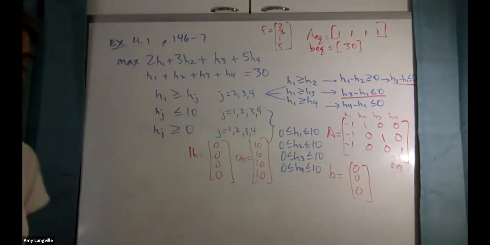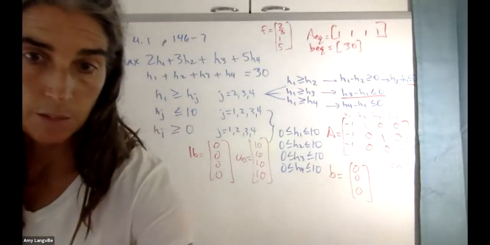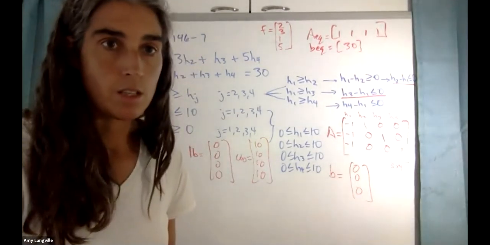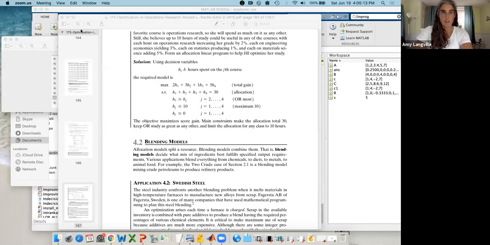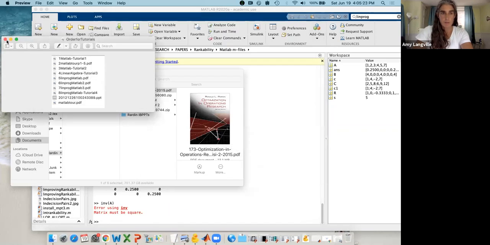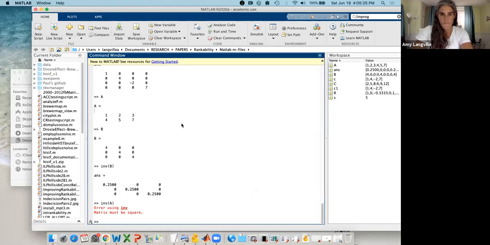Okay, so now let's go back to MATLAB and enter that. We want to get this model. We've massaged it on the whiteboard into the form that's going to help us put it in MATLAB. So let's go ahead and get that into MATLAB. Let's go ahead and clear.